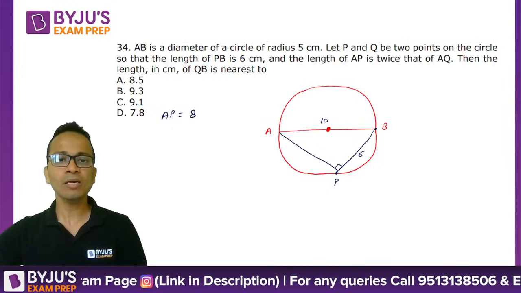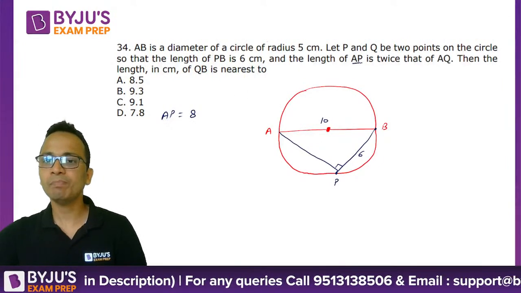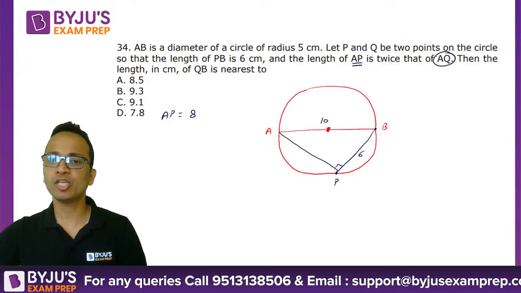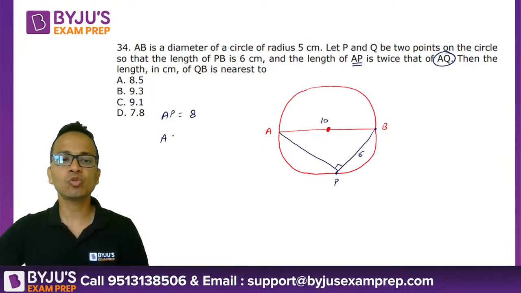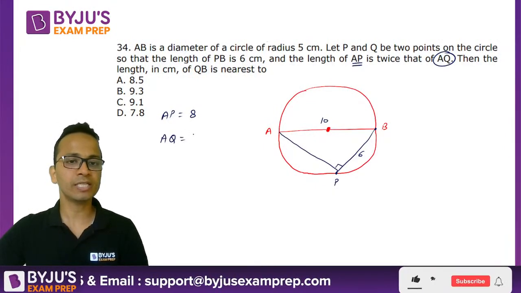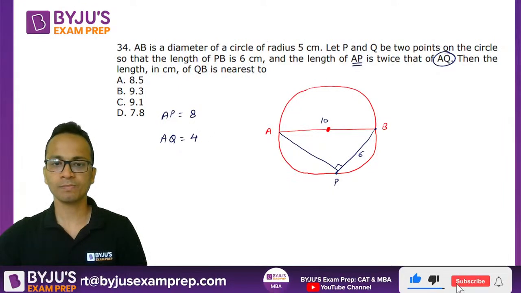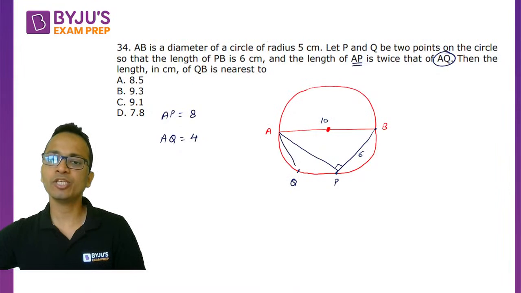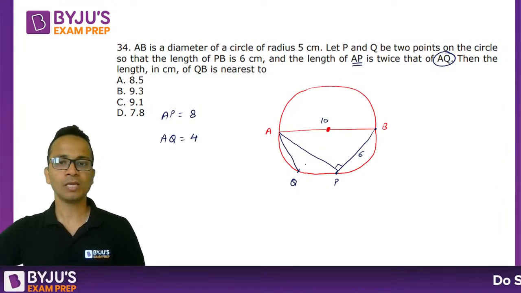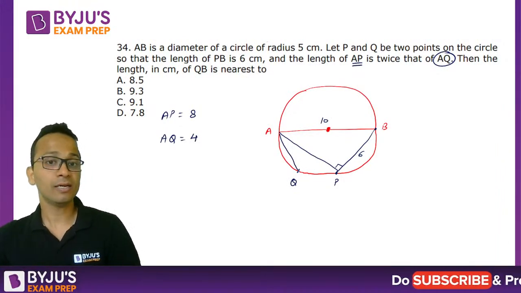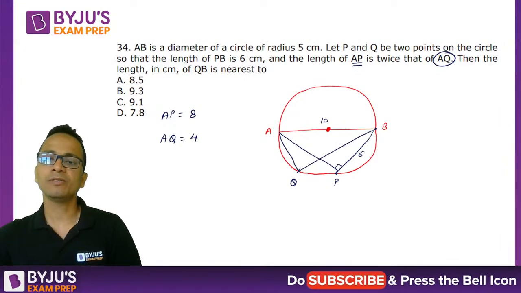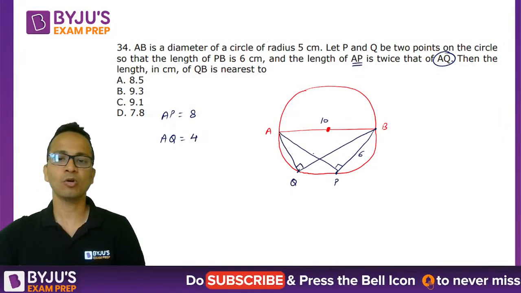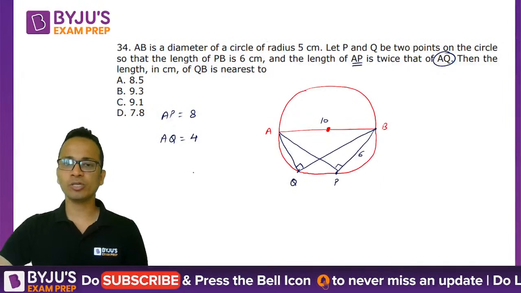Right? Now the question says that the length of AP is twice AQ. So the length of AP is twice AQ, so what will the length of AQ be? It will be equal to 4. So I'll consider another point Q such that AQ is equal to 4. Now they want the length of QB. Okay, so again I'll use the Pythagoras theorem.